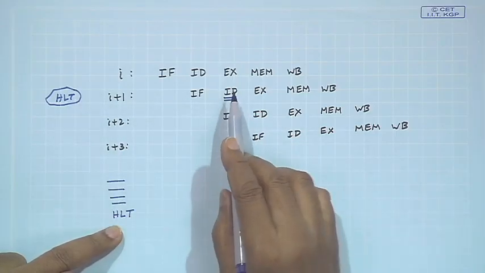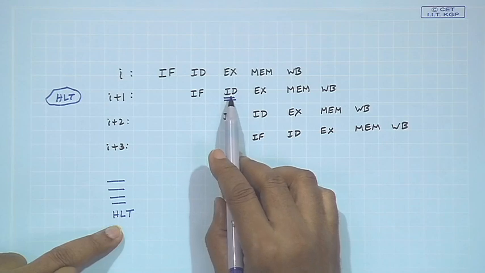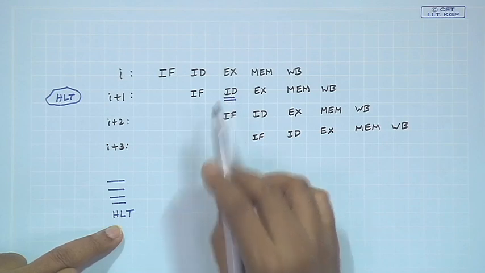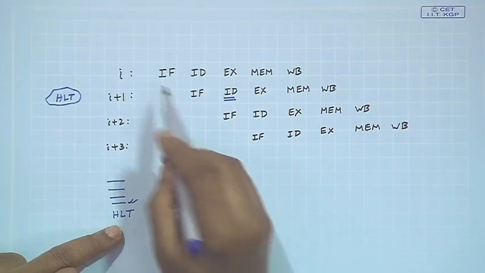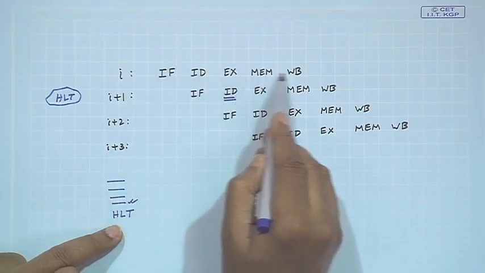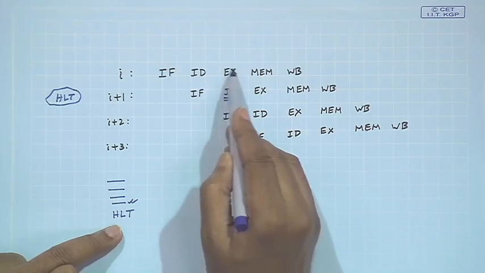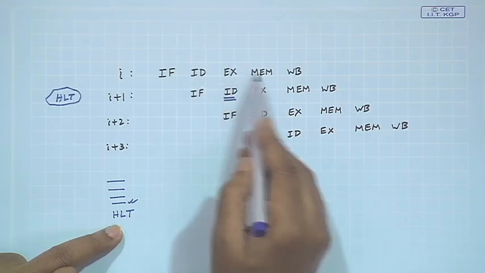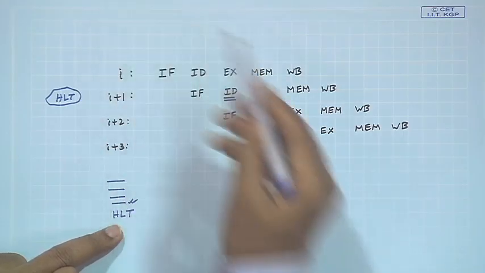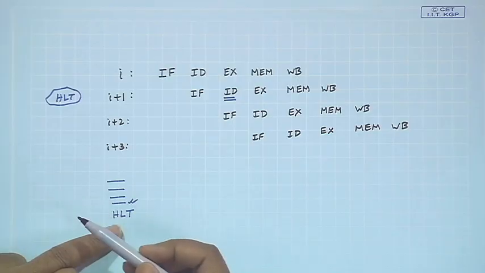but we cannot stop the processor right here. Why? Because the previous instruction, which was here before halt, has still not completed. It was still in the EX stage, and the instruction before that, I minus 1, was in the MEM stage, and the one before that was in the WB stage.